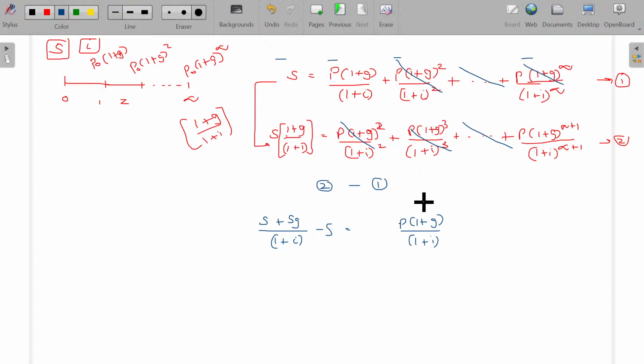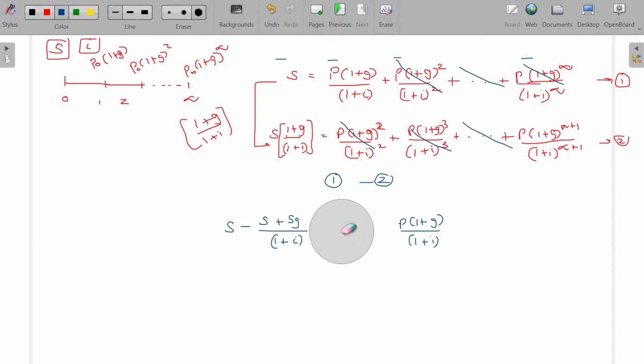Clear? I put it the other way, okay? 1 minus 2, so signs will be changed.